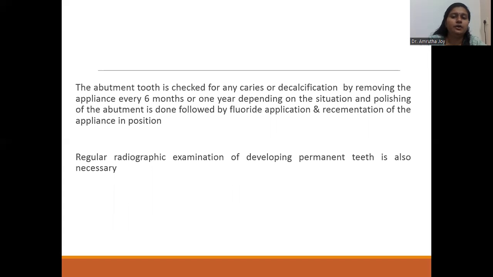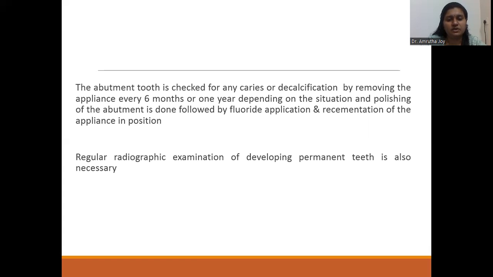We can remove the appliance every 6 months to 1 year, depending upon the caries status of the patient, and we have to polish the tooth and apply topical fluoride before re-cementing the appliance.